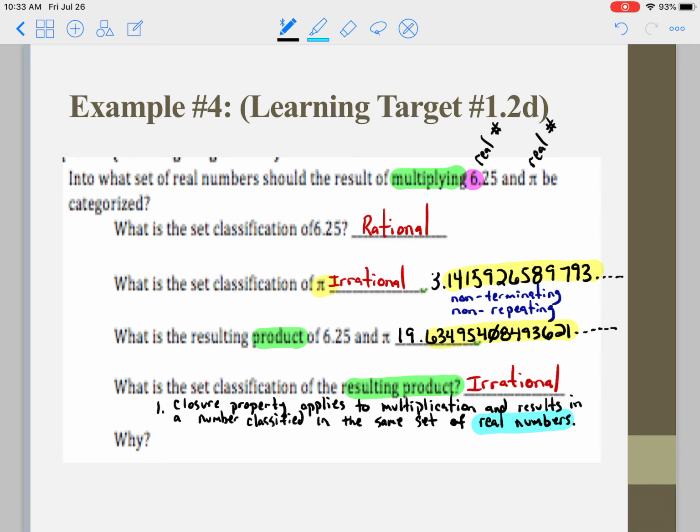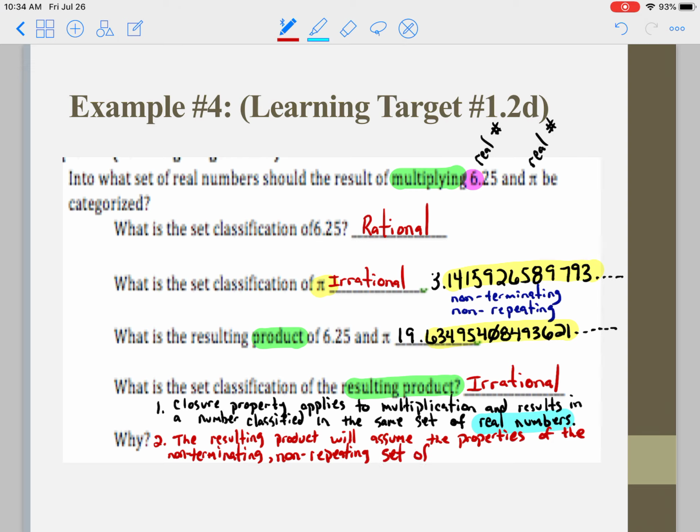Now, what properties will this real number assume? Well, part two, or reason number two, is the resulting product will assume the properties of the non-terminating, non-repeating set of real numbers.